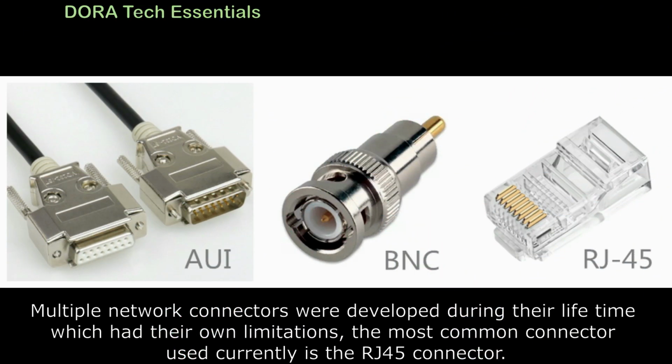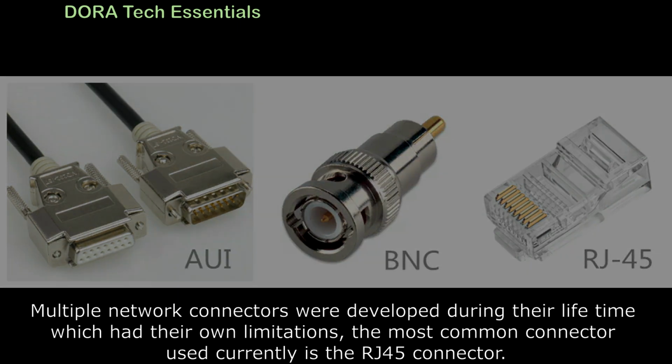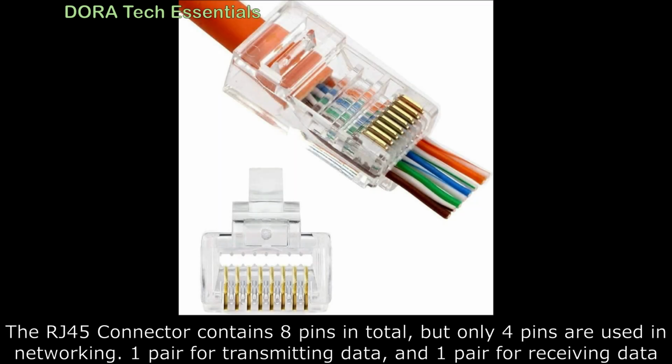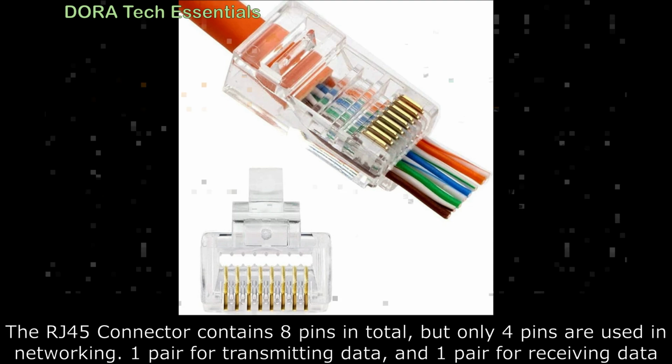Multiple network connectors were developed during their lifetime which had their own limitations. The most common connector used currently is the RJ45 connector. The RJ45 connector contains 8 pins in total, but only 4 pins are used in networking. 1 pair for transmitting data, and 1 pair for receiving data.